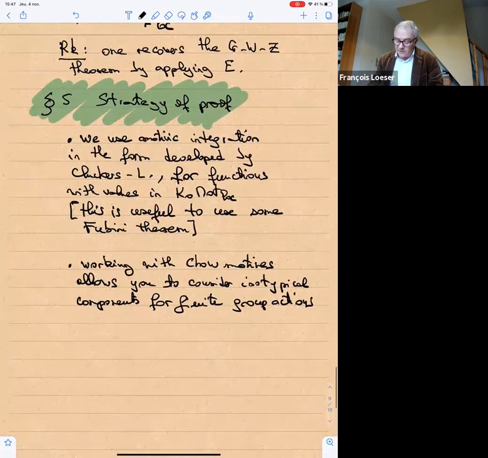This is fundamental even to be able to state the result.